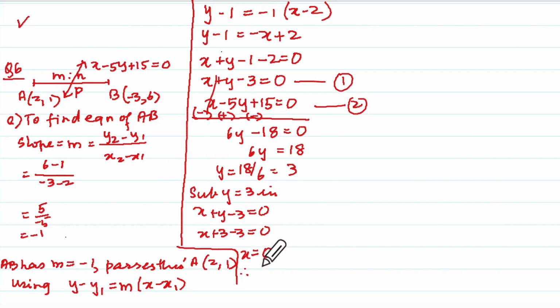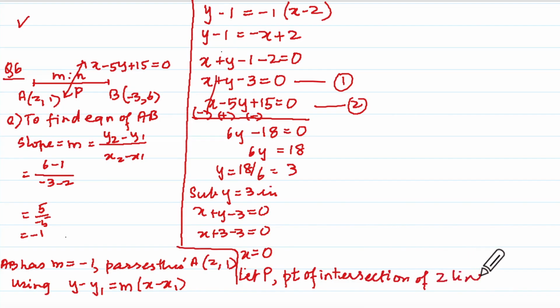So therefore, now what you'll say, let P, point of intersection of two lines, be (0, 3).